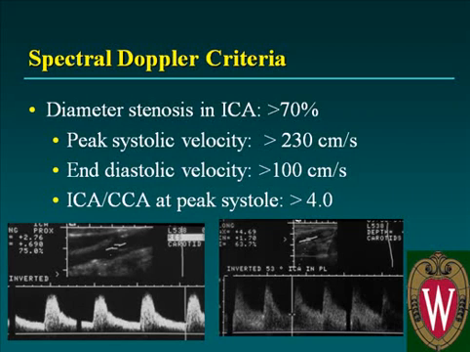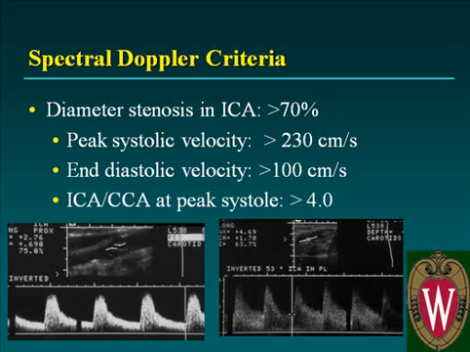It is interesting to note that though you may not have the criteria immediately in front of you, you can make a general estimate of degree of stenosis, remembering that the peak systolic velocity less than 125 is insignificant, but if you double that factor to, let's say, around 250, 230, then you're in the area of critical stenosis.